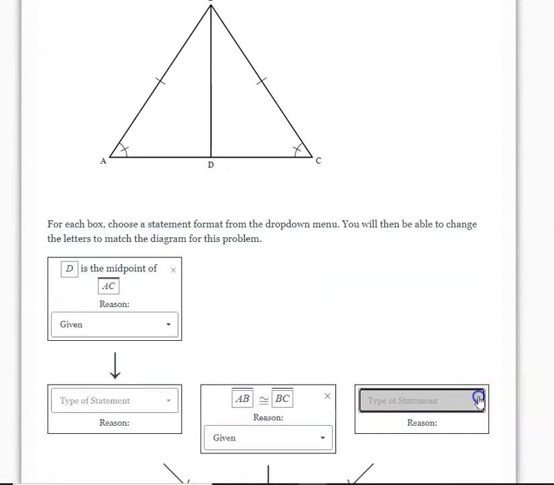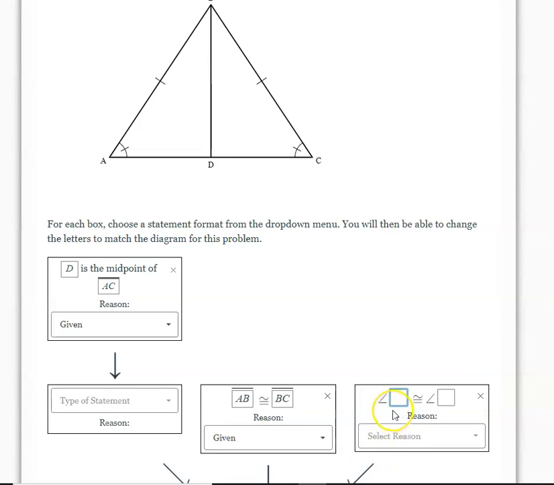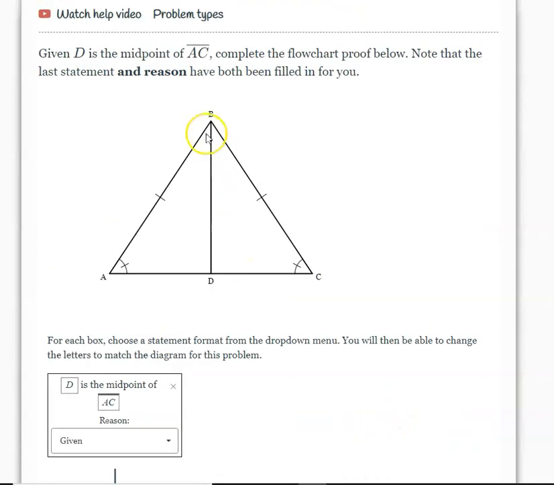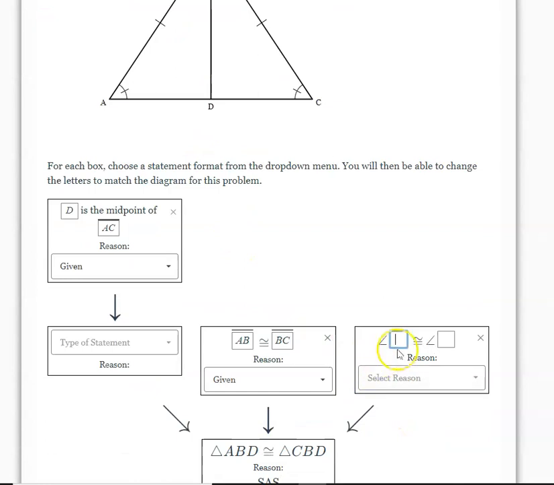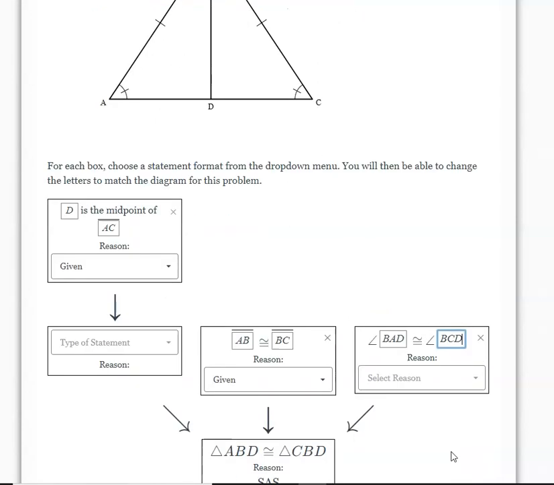So the angles are BAD is one set, and the other set is BCD. And again, the reason for this was it was given to you.